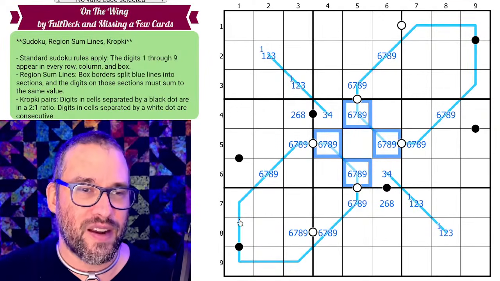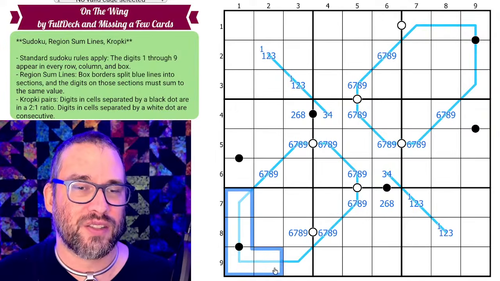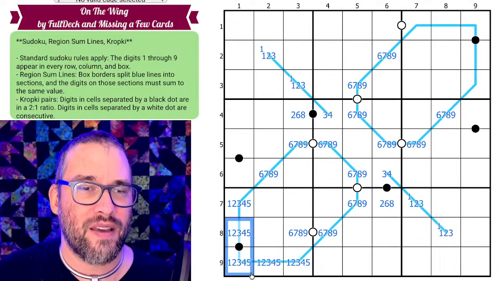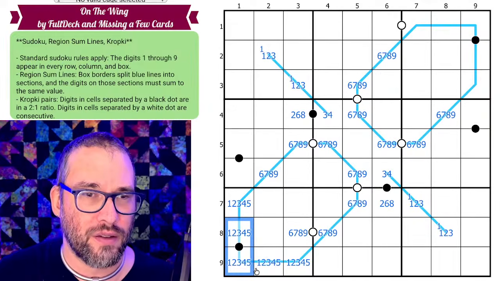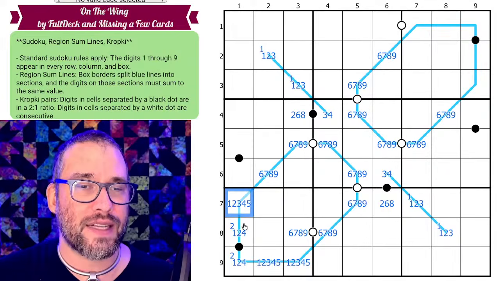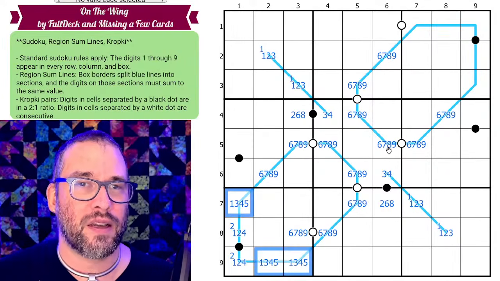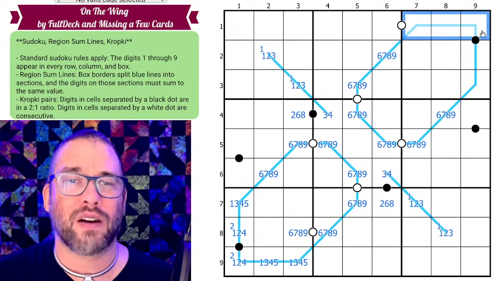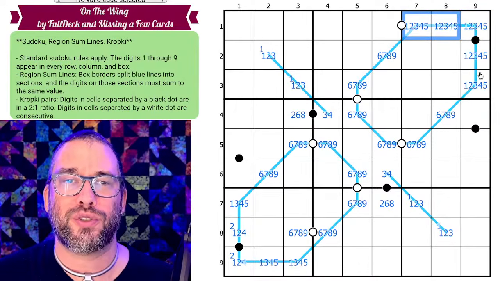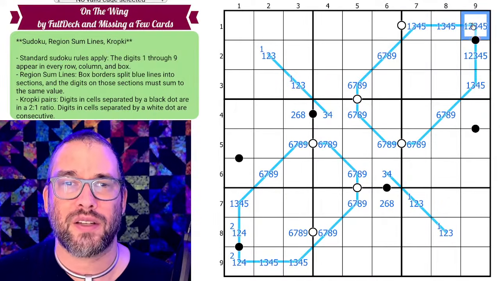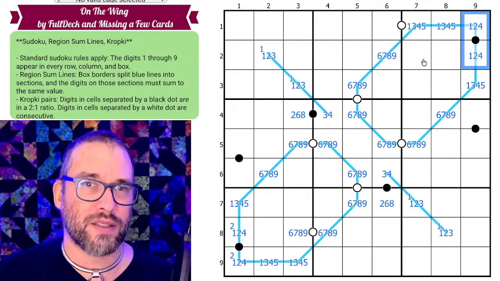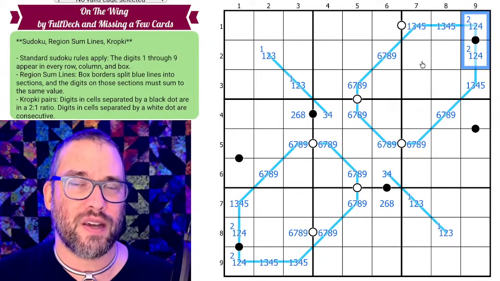Okay, so that is much easier. So in fact, these just are 1, 2, 3, 4, 5. 3 and 5 don't go on here. 2 definitely does. And we can do the same thing over here. 1, 2, 3, 4, 5. No 2 off the black dot. No 3, 5 on the black dot. 2 goes here.